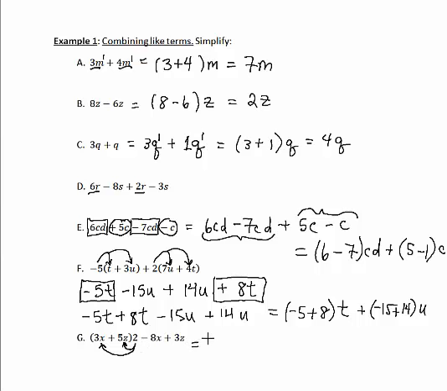So we would say 2 times 3x. It doesn't matter whether you put the 2 in the front or behind the 3x. The addition sign in between. Then we distribute the 2 to the second term in parentheses, so 2 times 5z.